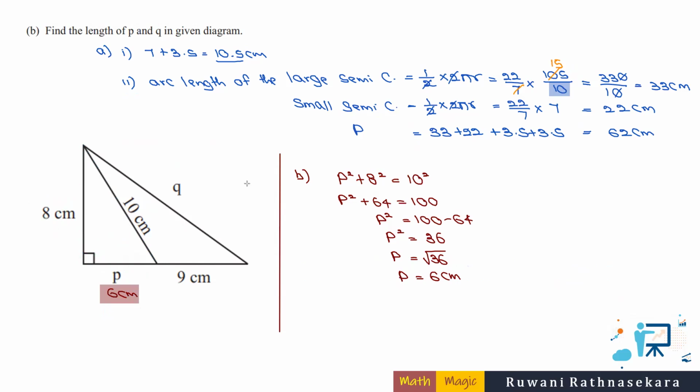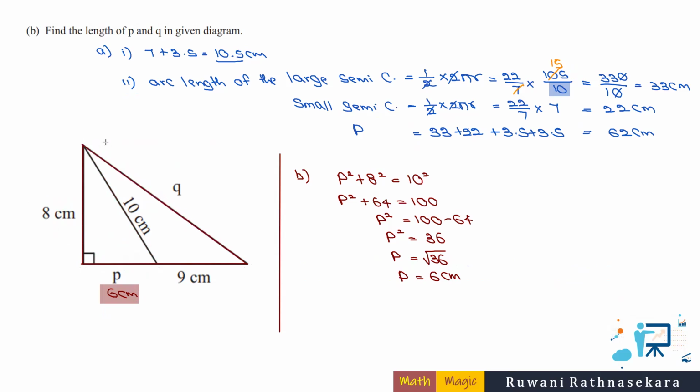Then in order to find Q, we can't apply the Pythagorean relation on this triangle because it's not for this kind of triangle. The Pythagorean relation is only for right angle triangles. Right?